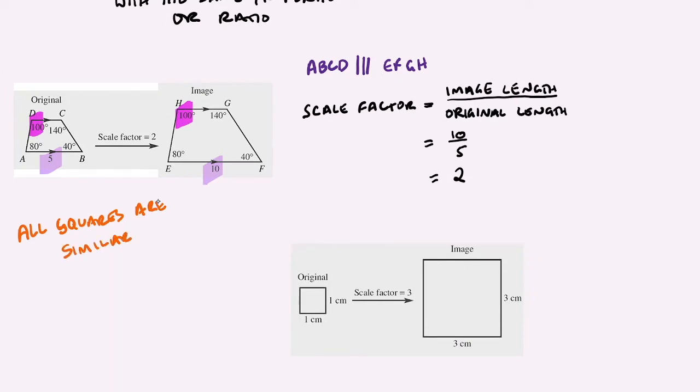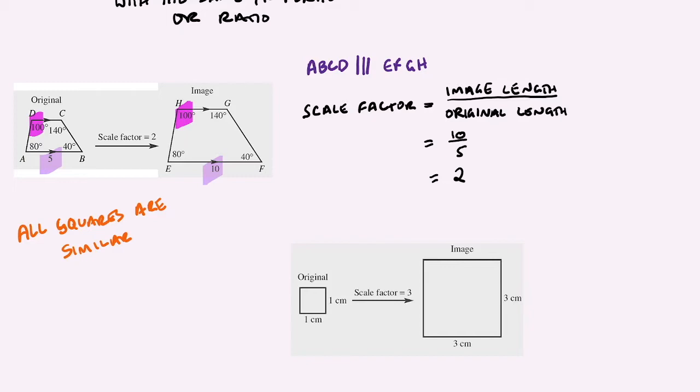Just by the nature of what squares are and how you get to a square. If you watch the quadrilaterals video, you'll understand why squares are all similar. It's because they all have 90-degree angles and their sides are the same length. So when you do them in proportion, they're going to be the same. It doesn't matter how big or small you make a square, those angles are all going to be 90 degrees, which is going to help us out.